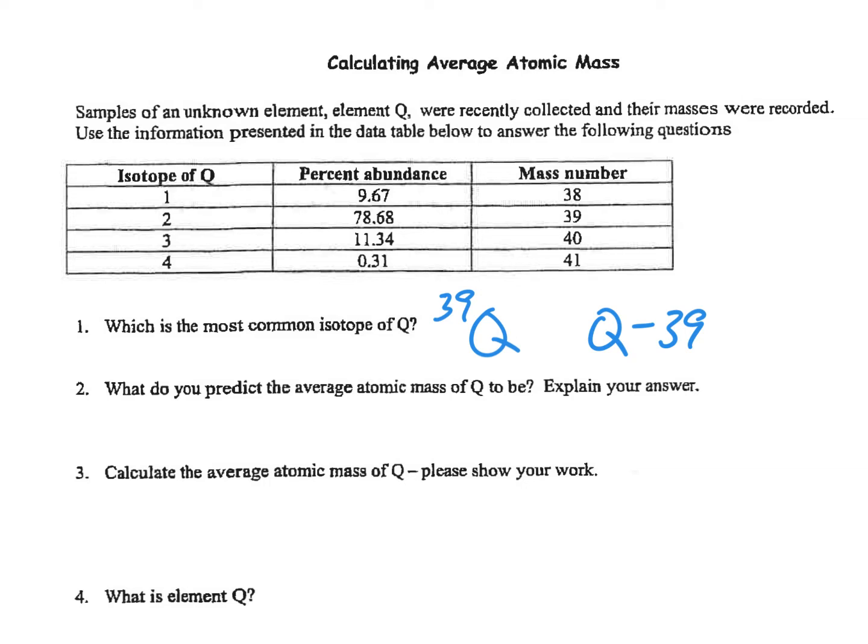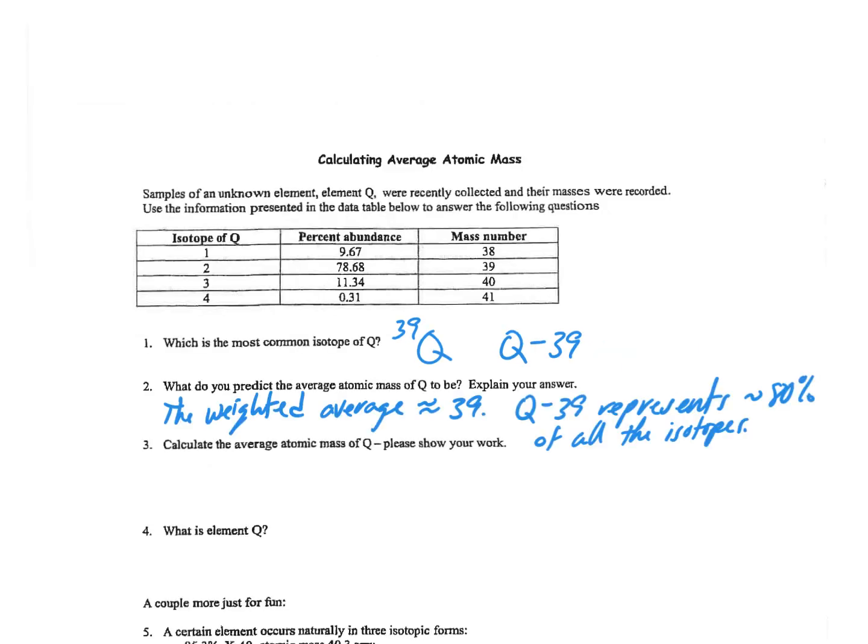All right, now in this next question, what do you predict the average atomic mass of Q to be? I'm going to assume or predict that since isotope 39 is the most abundant isotope, the weighted average should come out pretty close to 39 or so.